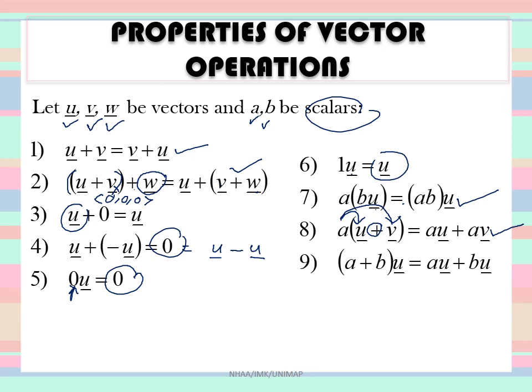Same goes for a plus b times u. You can solve for the summation of a and b first, and then multiply with u. Or you can expand the bracket by multiplying a with u plus b with u. So you have two choices here. Whichever one you want to use is okay.